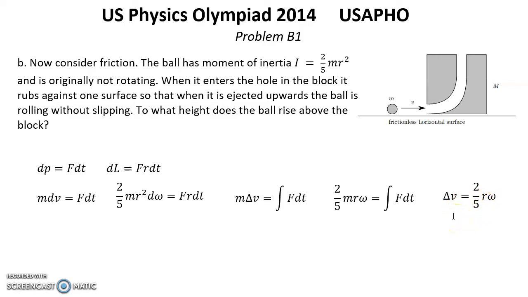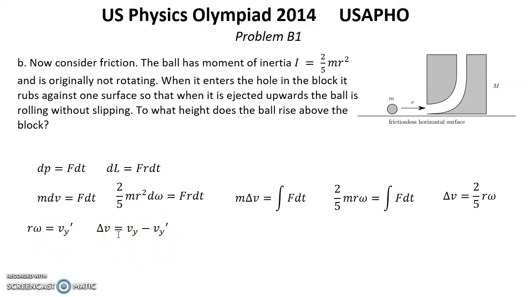Now let's check what these variables mean. Because finally this ball is rolling without slipping, we can write that r omega equals the new vertical velocity, which we call vy prime. And delta v is the change of velocity due to friction, which is vy without friction minus vy prime with friction.